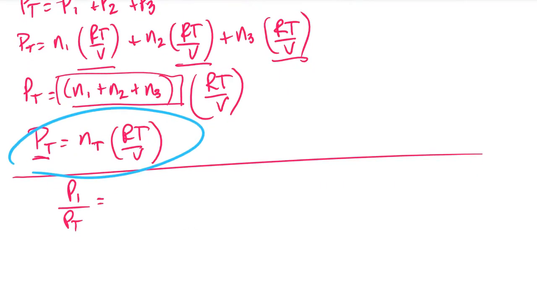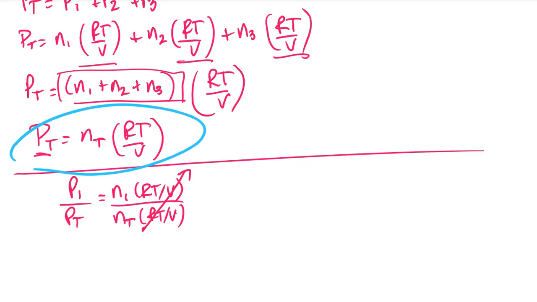I would get N1 times RT over V divided by NT, the total number of moles, times RT over V. Again, since the RT over V terms are constants and they're the same as each other because we're working with a mixture, that ratio of constants would equal 1.